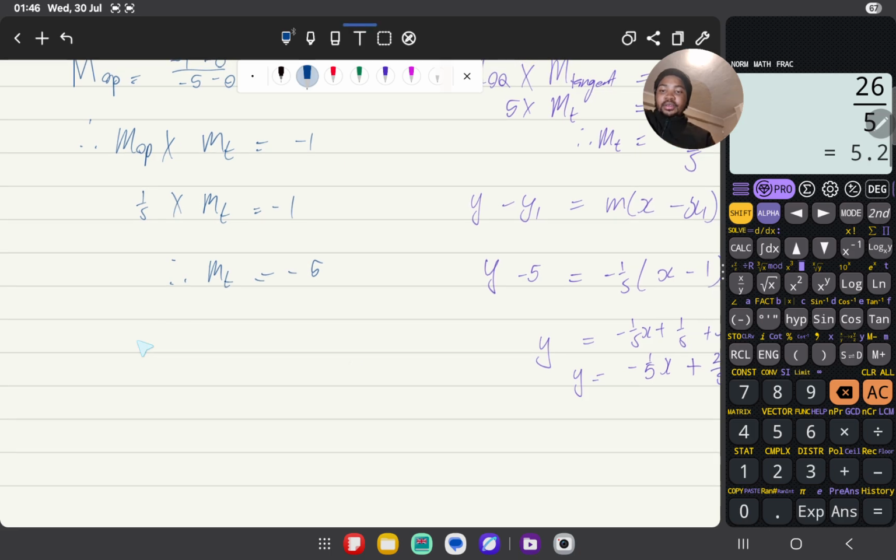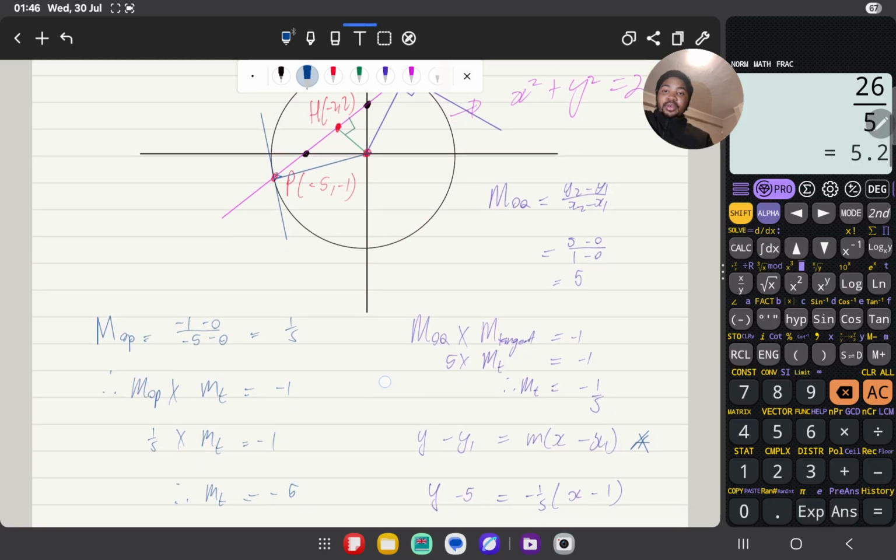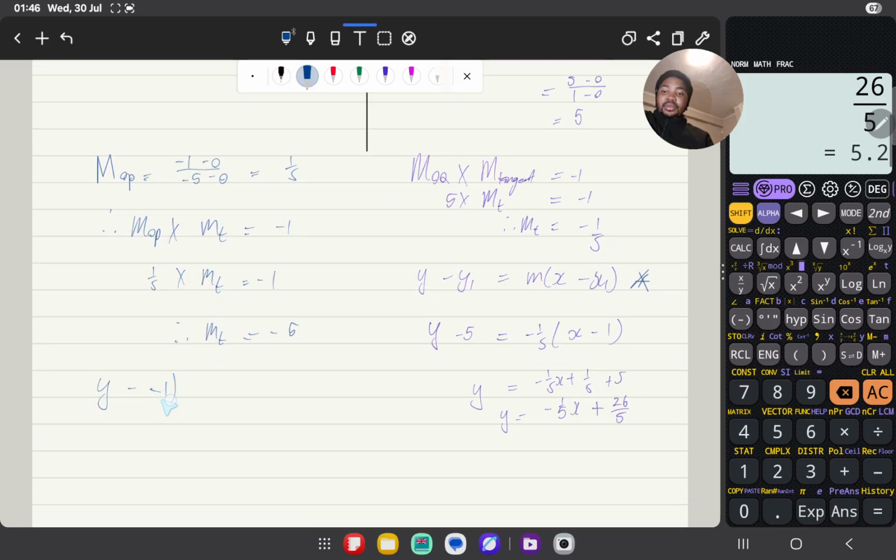Then I have y minus, now I'm substituting my point. The y value here is minus 1, the gradient is minus 5, so I have x minus minus 5.